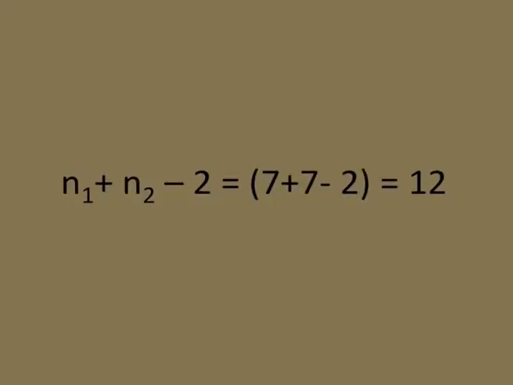The degrees of freedom for this example are n1 plus n2 minus 2, where n1 refers to the number of observations in group 1 and n2 the number of observations in group 2. Since we had 7 subjects in each of the groups, we do 7 plus 7 minus 2, which gives us a value of 12.